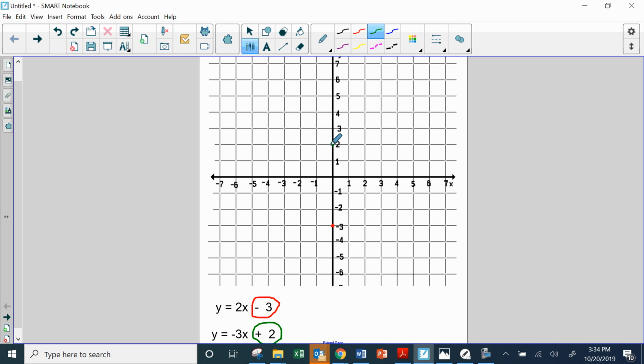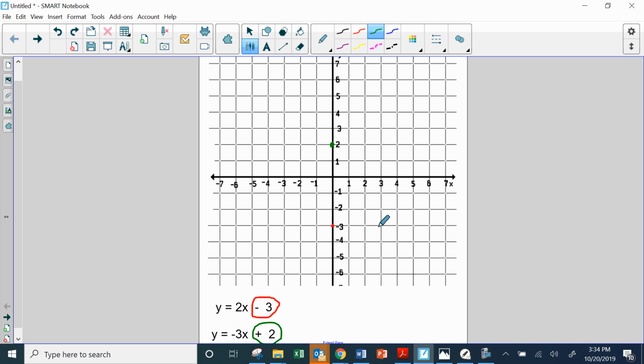Make it a little bit bigger because the green doesn't stand out quite as much, it looks like. All right, so that's the y-intercept for the second equation, which is in green.